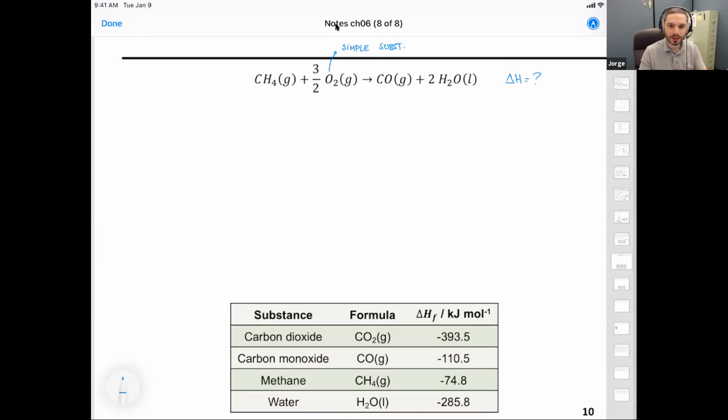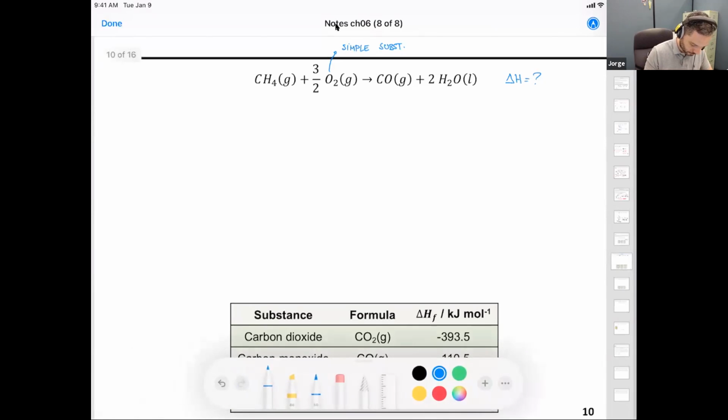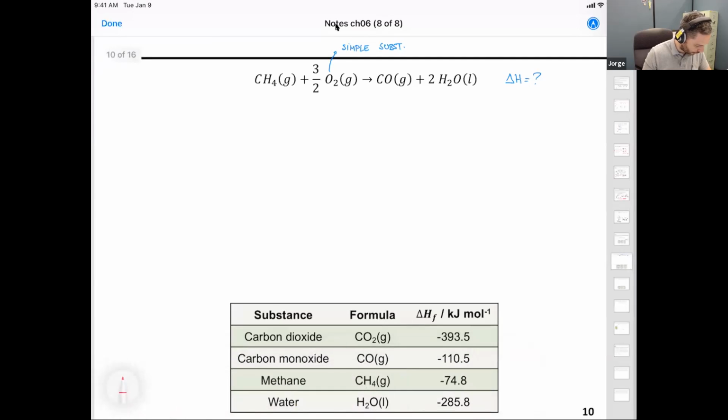Now what I'm going to do is draw the energy diagram for this reaction and determine the energy level for reagents and products using the delta H of formation for each of the compounds involved in the reaction. Let's start with the reagents.